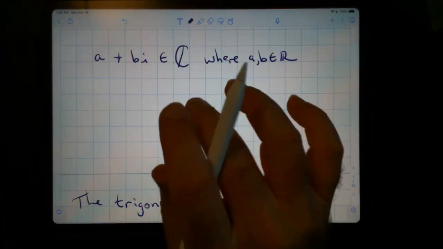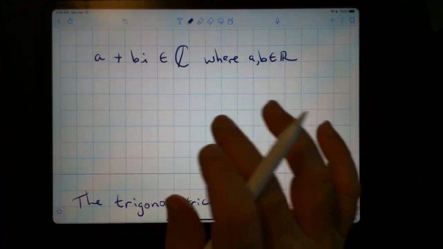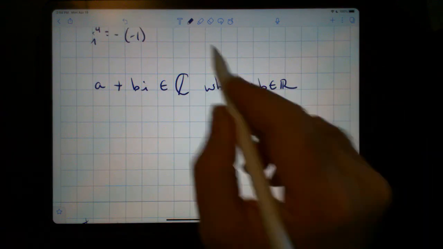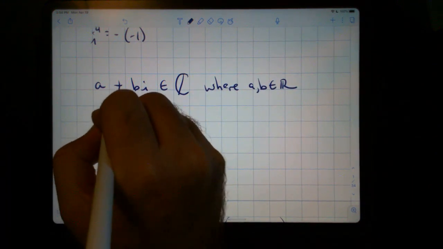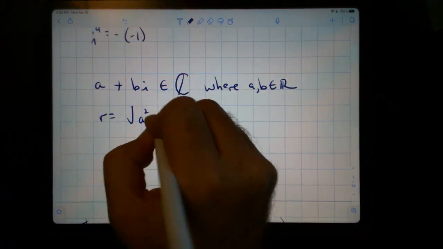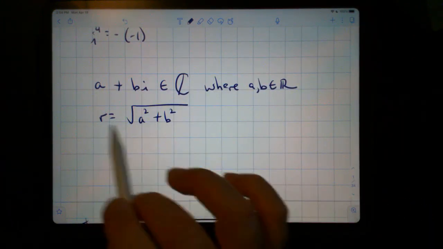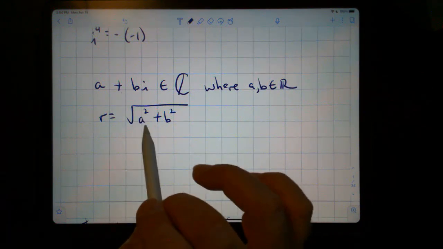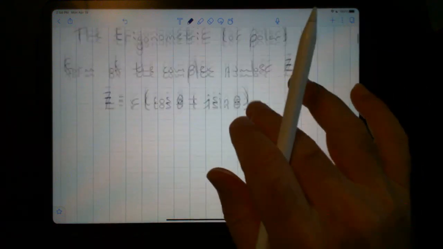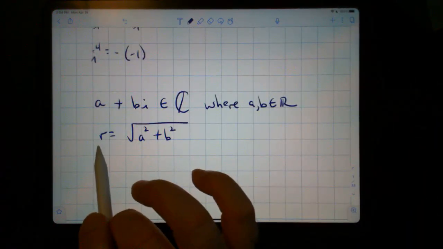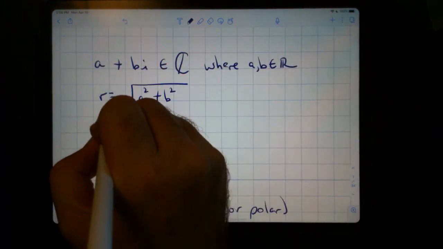So we have this for the complex numbers, a and b. a is like your x, b is like your y, if you like. When we graph them, we'll be graphing them here in a little bit. Here, your r is called your modulus. And we also have the angle theta.